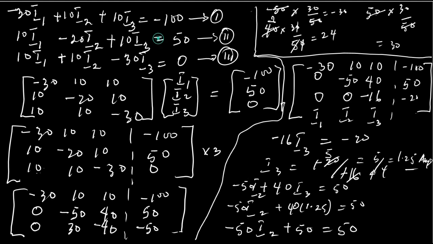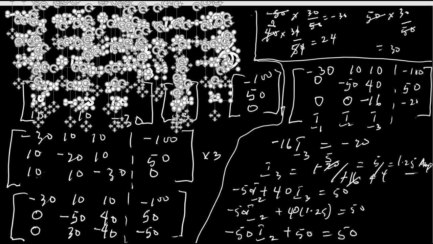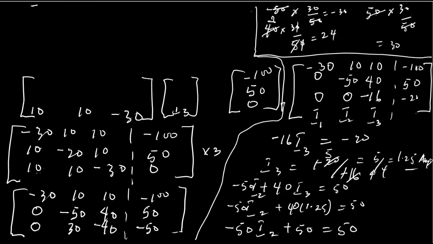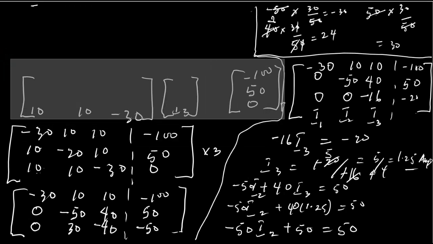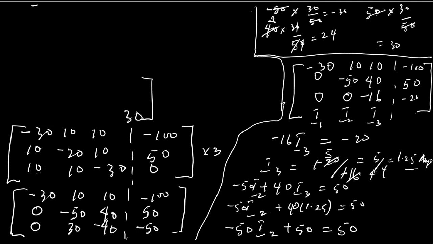Let's create some space. Now from here, my minus 50 I2 is equal to 50 minus 50, that's 0. Because 50 is going to the other side, we're collecting like terms, that's 0. Obviously, my I2 is equal to 0 amps.